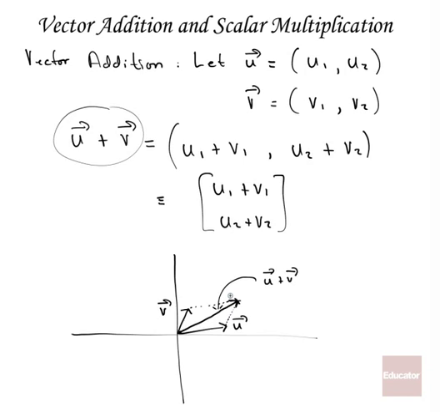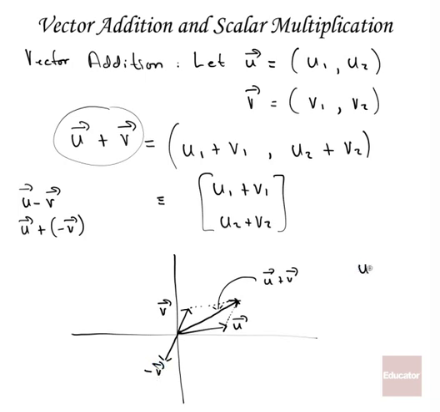Let's also do u minus v. Well, there's no such thing as vector subtraction, but really what you're doing is u plus the negative of v. Well, the negative of v is just v, the same length, in the opposite direction. So this would be minus v.